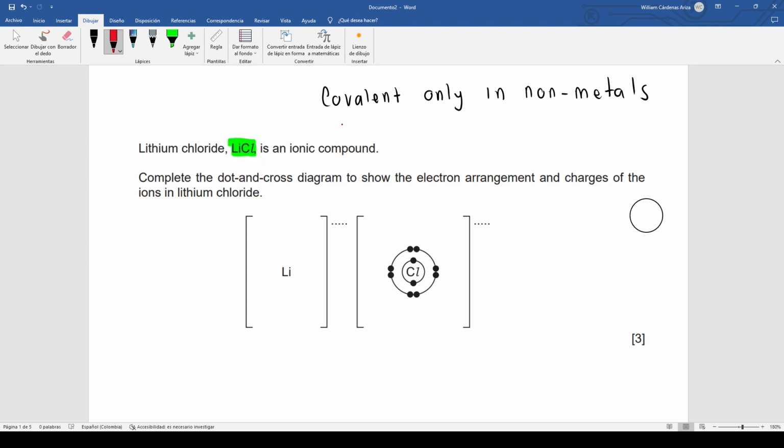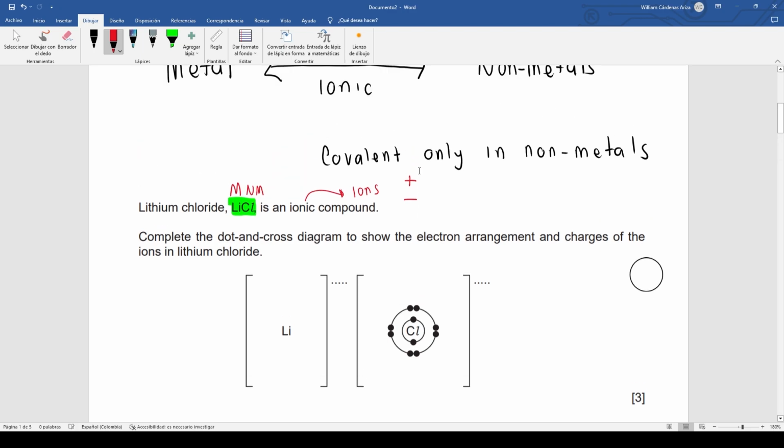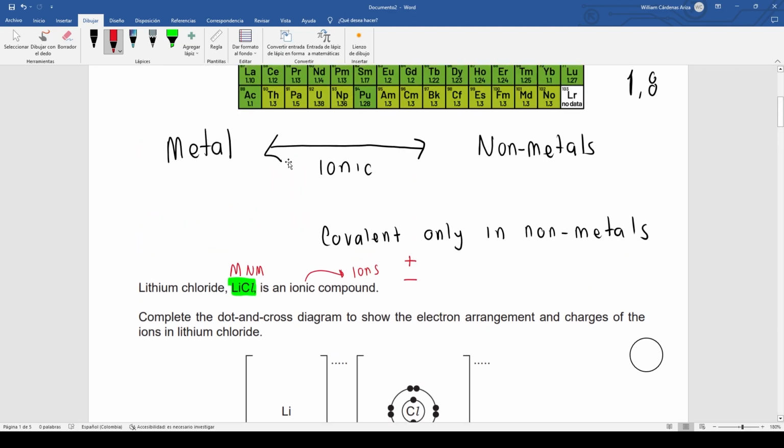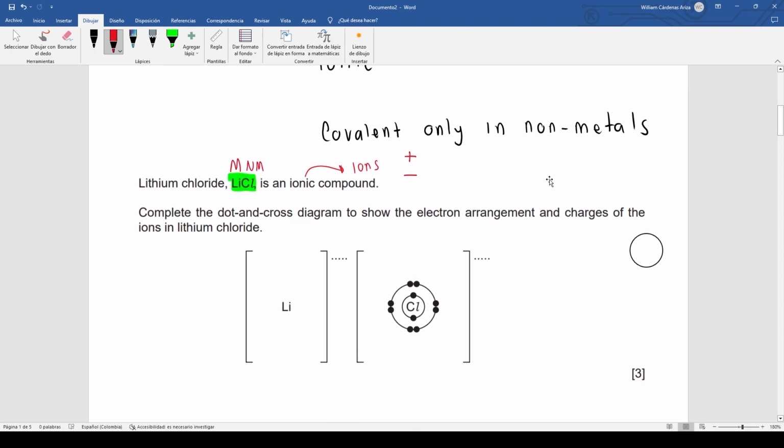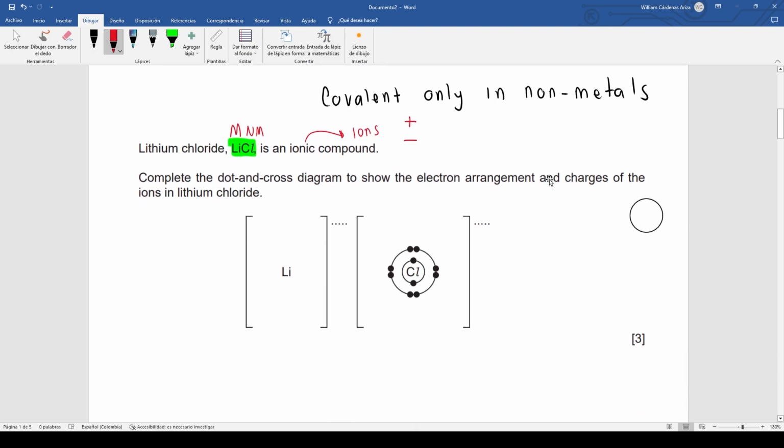And since you have an ionic compound, remember that ionic means that they are formed by ions. So ions have a positive charge or a negative charge. In this case, we have lithium, which is a metal, and chlorine, which is a non-metal. And we know that an ionic bond is between metal and non-metal elements.